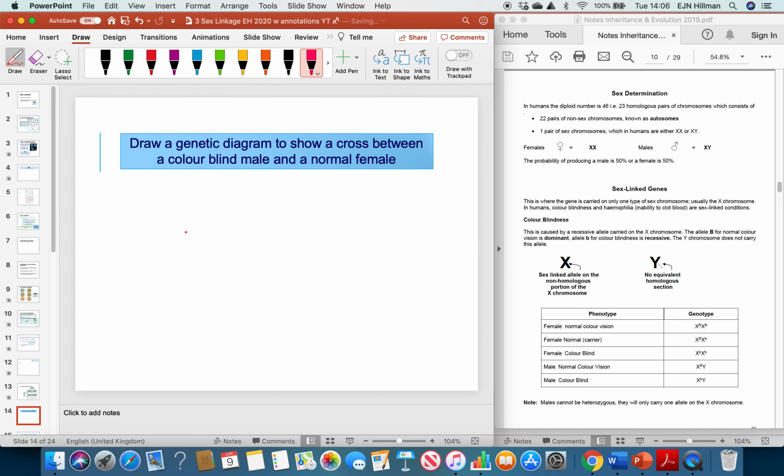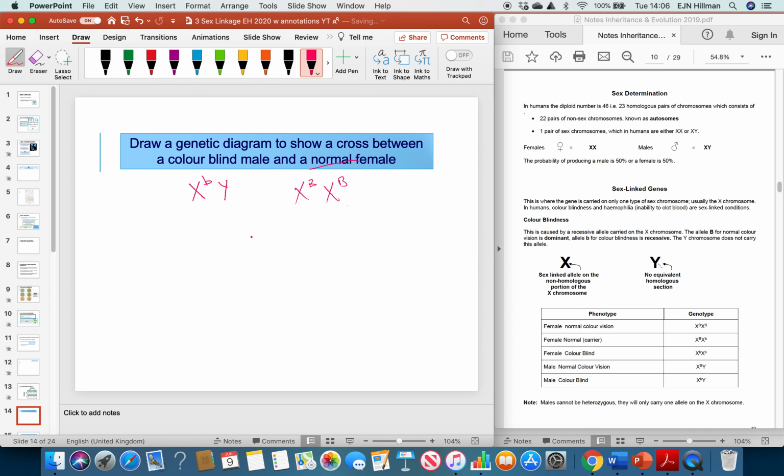So let's have another look. A genetic diagram to show a cross between a colourblind male. Now we know a colourblind male must have the recessive allele on his X chromosome. He must also have a Y chromosome. And a normal female. So normal here rather than carrier, so she must be XB XB.